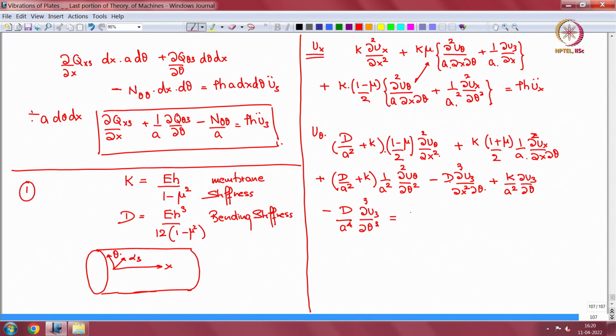This is equal to rho times h times u theta double dot.